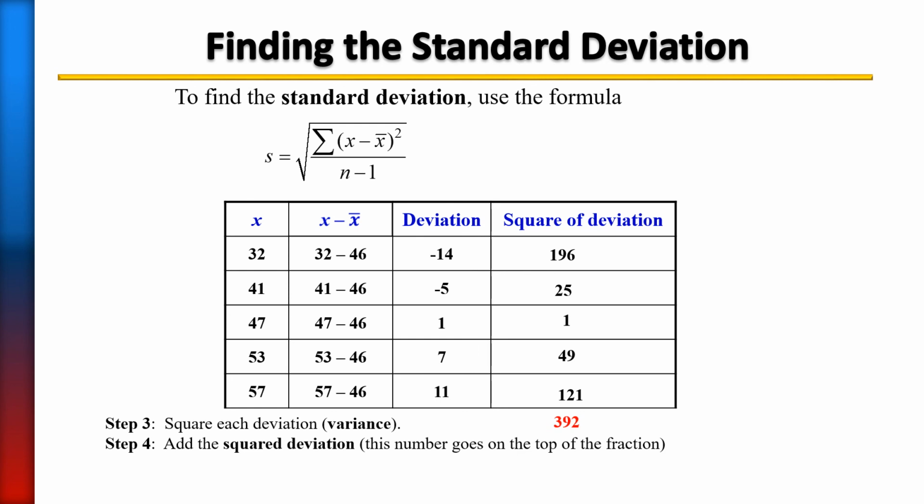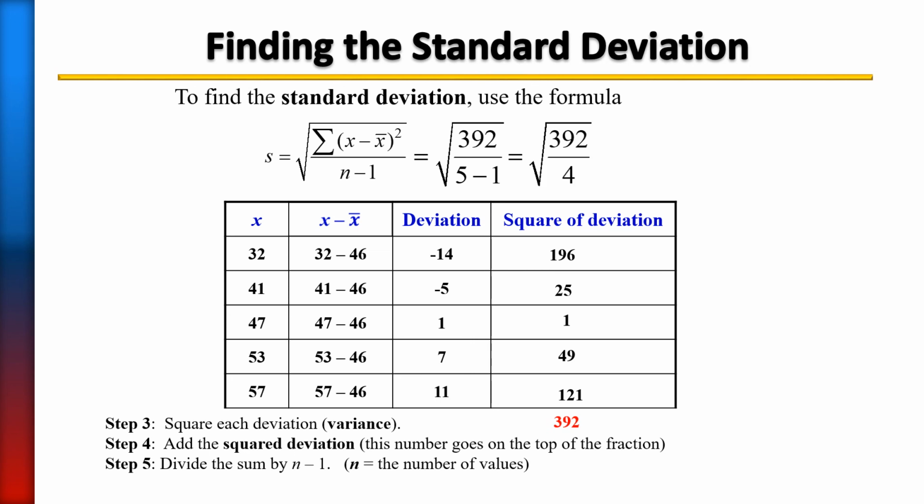To get our denominator, it's quantity of n minus 1. So we have a total of 5 numbers. So that's going to be 5 take away 1. 5 take away 1 gives us 4. So what you're going to have is 392 divided by 4.